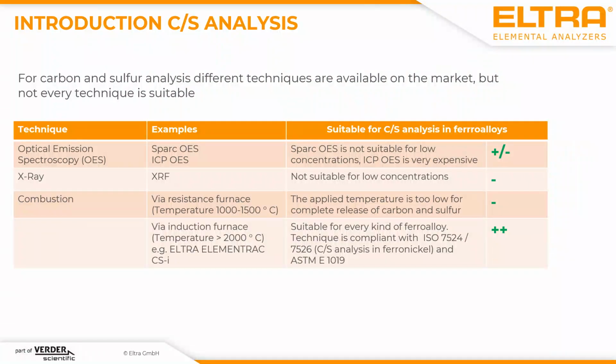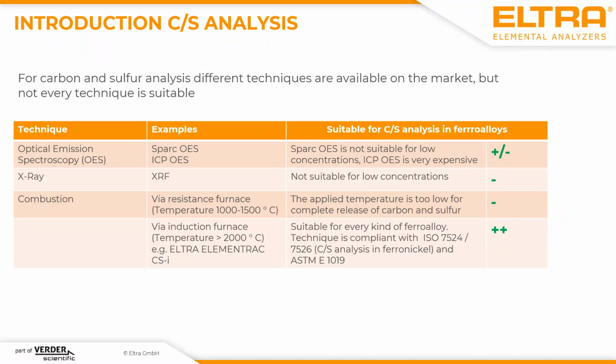But this is not recommended nowadays, because steel or ferroalloys sputter a lot, and under these conditions you will have a lot of destruction of furnaces and tubes and all these things. So this is not a common technique anymore. It's also problematic when you have a high titanium content, for example. In a resistance furnace analyzer, it's not possible to analyze ferrotitanium.